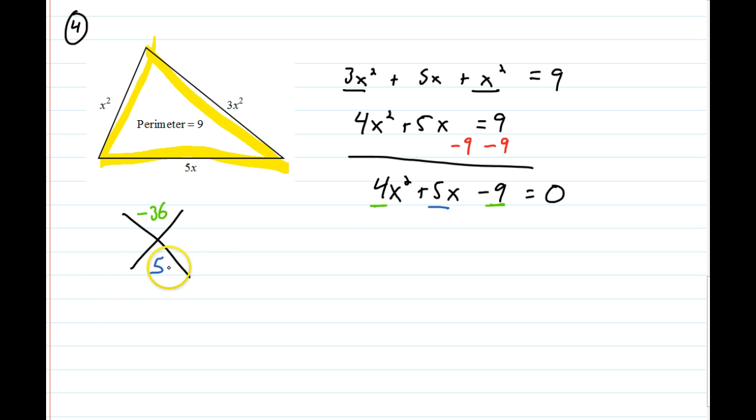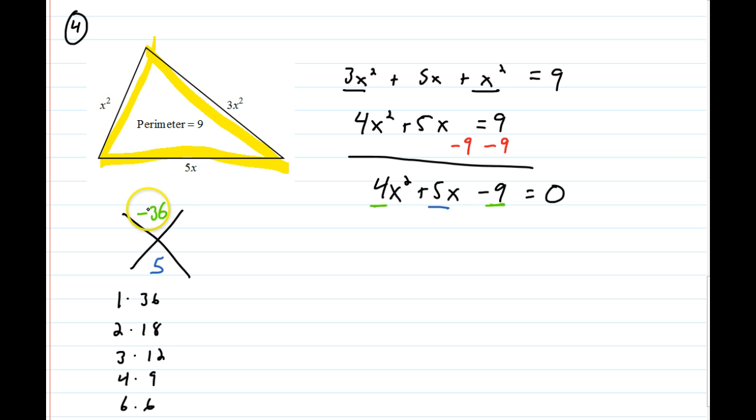And then we play the game that we started with, the what numbers multiply to negative 36 and add to 5. So we have 1 and 36, 2 and 18, 3 and 12, 4 and 9, and 6 and 6.